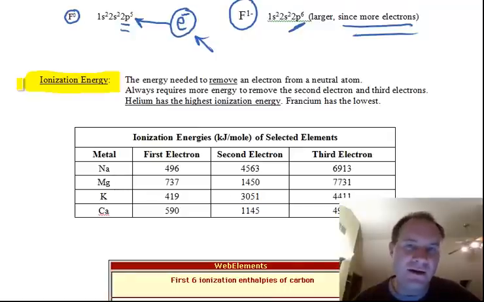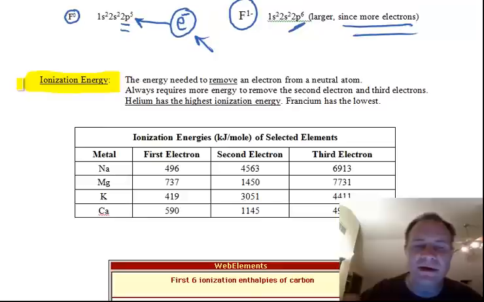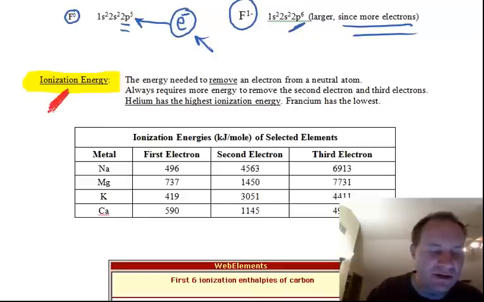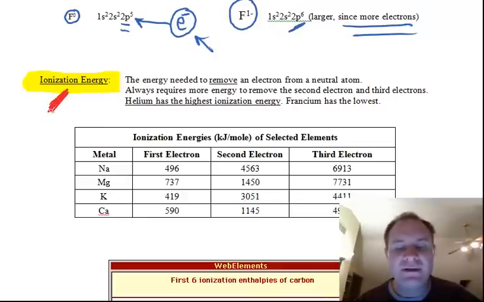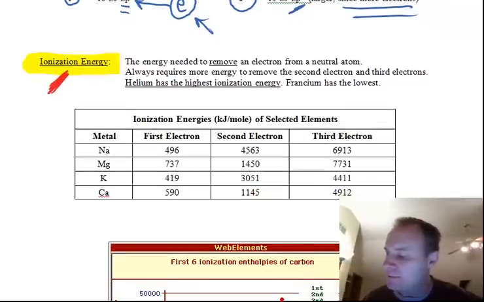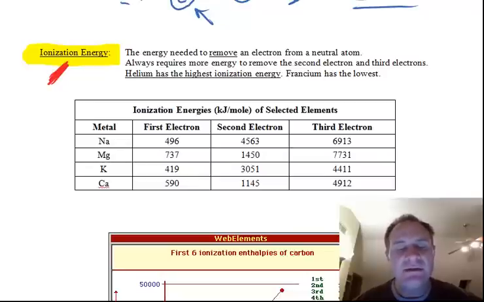And we know that ions could form when we gain electrons or when we lose electrons, but ionization energy is all about forming cations, yanking away electrons. And an interesting thing happens if you understand the basic electron picture with an electron configuration. Everything makes sense.